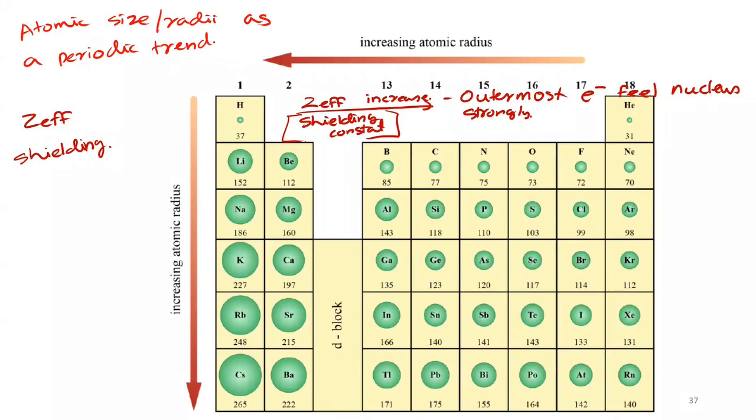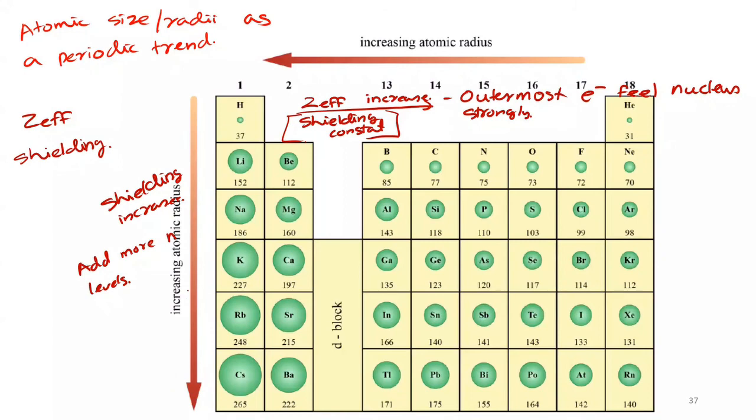But in the case of going from top to bottom, you saw shielding increase, and you keep on adding more n levels. As you add more n levels and have increasing shielding, the size of the atom increases going from top to bottom.